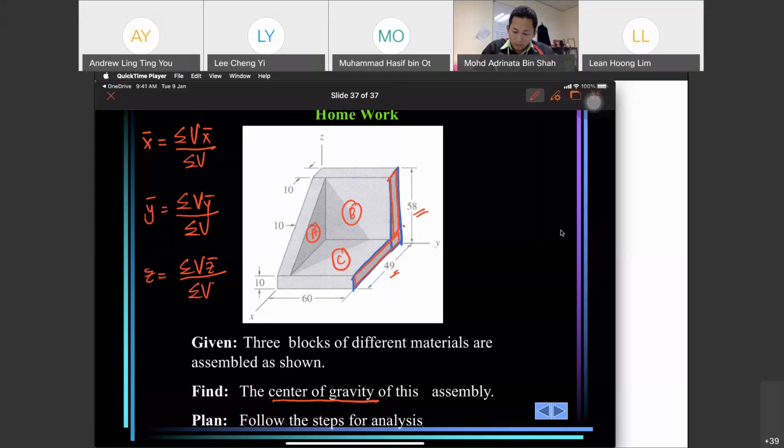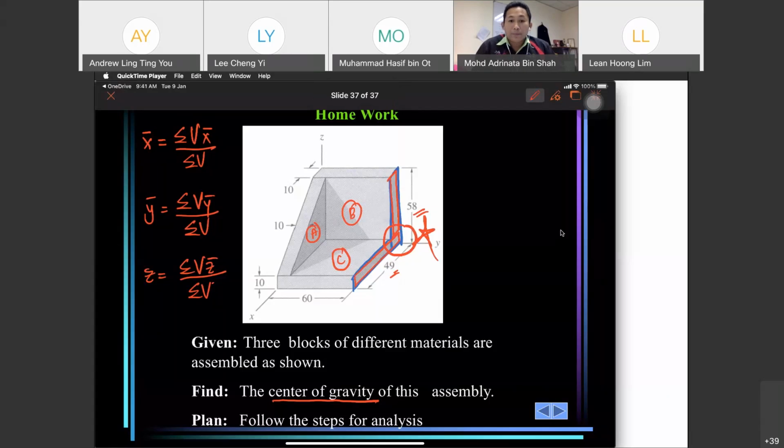Macam mana you ambil you punya component, or you can try it both.